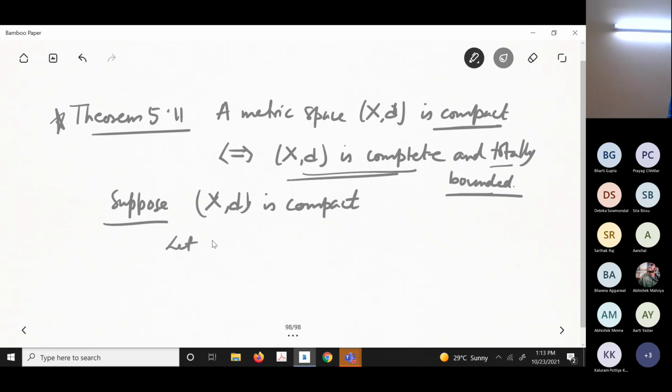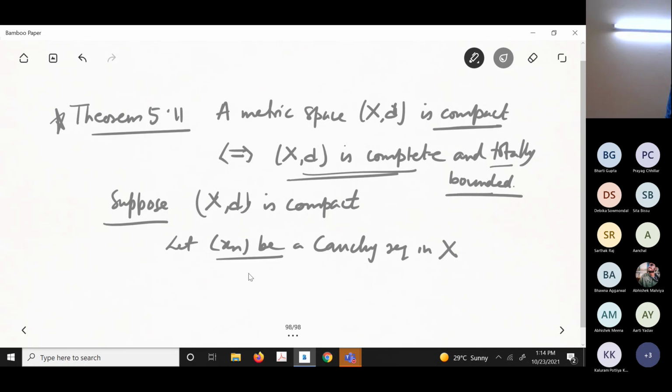Let xn be a Cauchy sequence in X. Look, when the whole space is compact, the accumulation point in A will automatically be in X, because everything we are working with is inside X. Then by the sequential characterization, every sequence has a convergent subsequence.